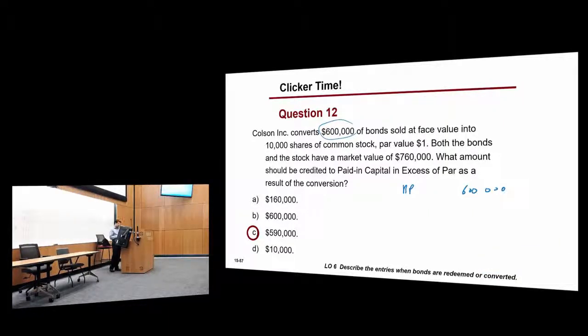Yes. Common stock, how much? $10,000. The difference between the two is paid-in capital in excess of par value, which will be 590,000. Okay?